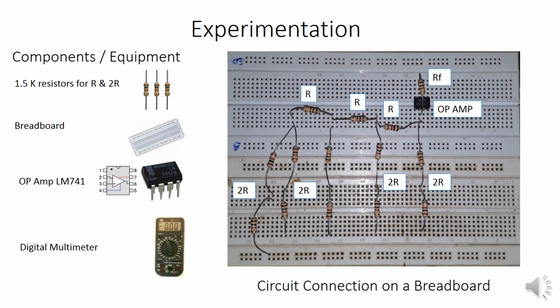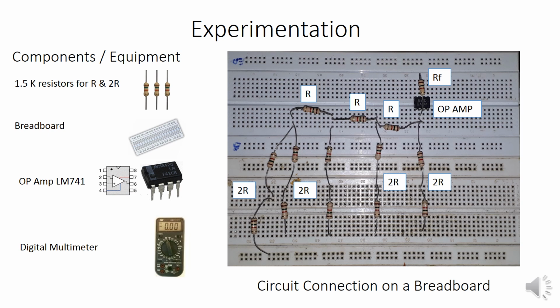Here we are taking 1.5K resistors. You can choose any resistor, 1K, 1.5K, 2.2K, 3.3K or 22K, whatever you want, but don't take too small values like 2 ohms, 5 ohms, 10 ohms, because it will draw more current from the source.